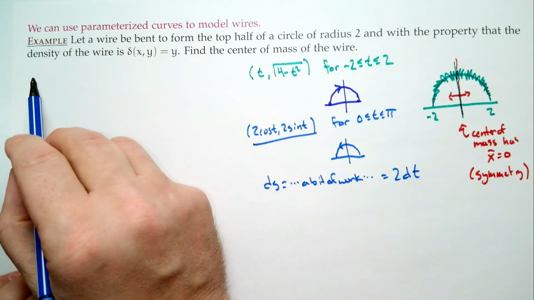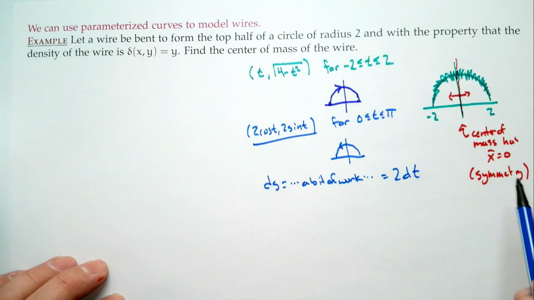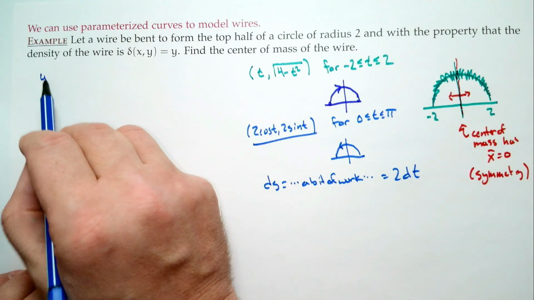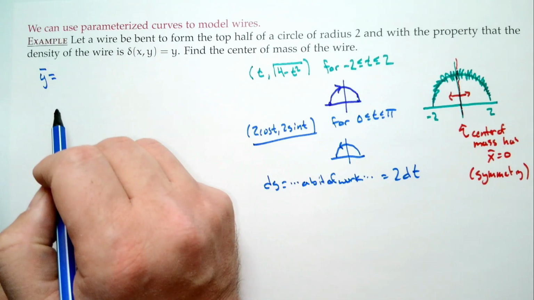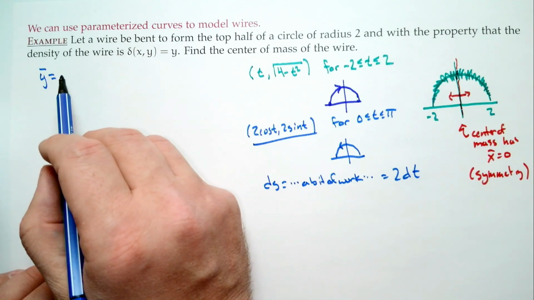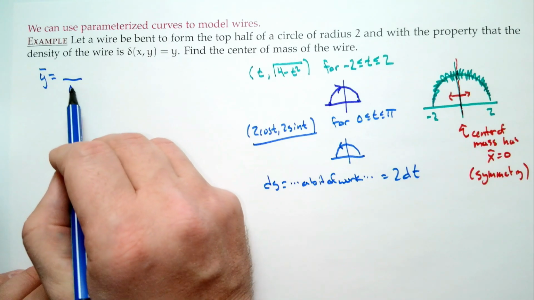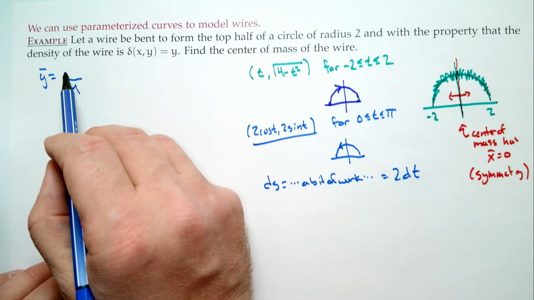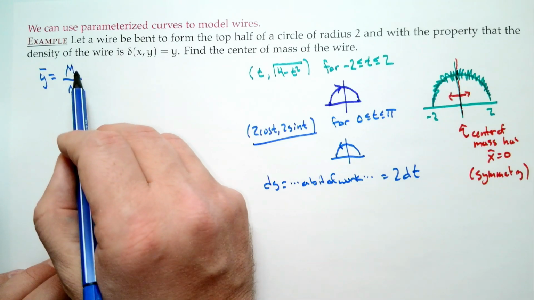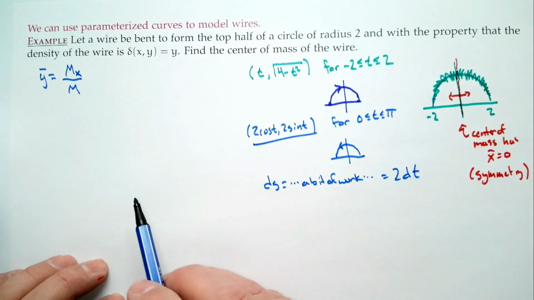So let's do our y bar. If I need y bar, what two things do I need to compute? Well, we need mass and a moment with respect to the x-axis.